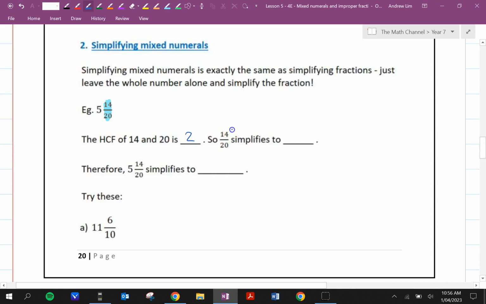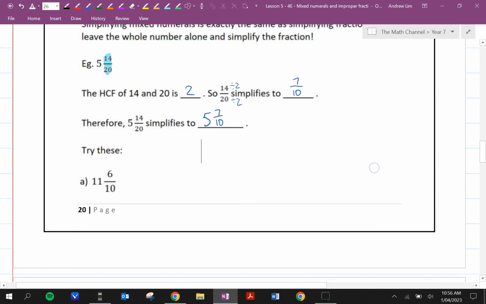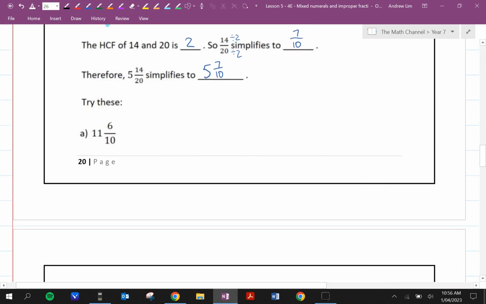So 14 divided by 2 and 20 divided by 2 gives me 7 over 10. Therefore, 5 and 14 over 20 simplifies to 5 and 7 over 10. Okay, don't forget the 5. So, have a go with this question here. 11 and 6 over 10.